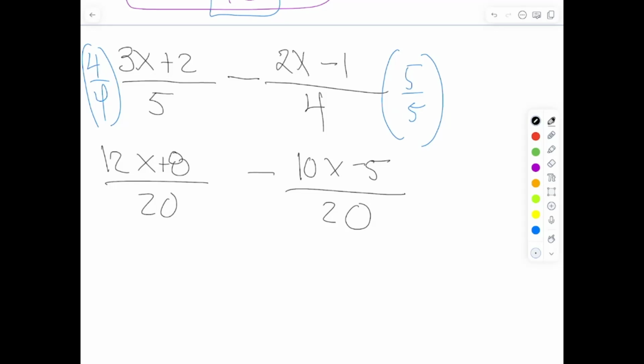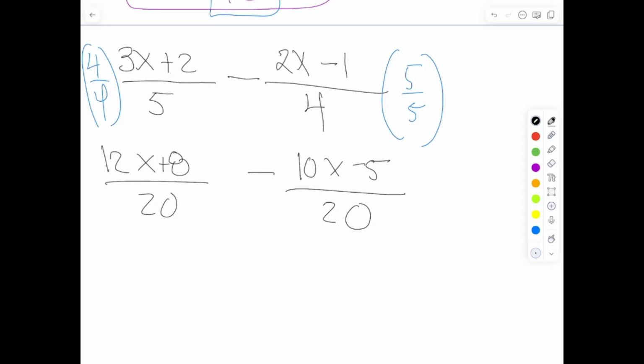I got 12x plus 8 minus 10x minus 5. Since your mic ain't working, how about your keyboard? We'll just wait 30 seconds for Sophia to answer. Nope. I'm not sure. I'm sorry.